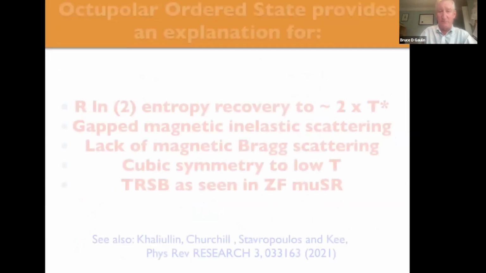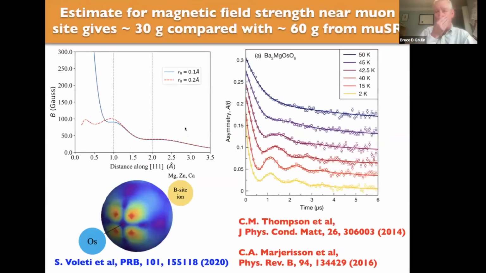Okay. And then the rest of this picture basically assumes that it's the octupoles that are ordering. You have both octupoles and quadrupoles present, but it's the octupoles that are ordering. And the fact that the octupoles are ordering means that you do expect some time reversal symmetry breaking, so you can expect some relatively low magnetic field that the muon would detect once the octupoles on the osmium start to order.